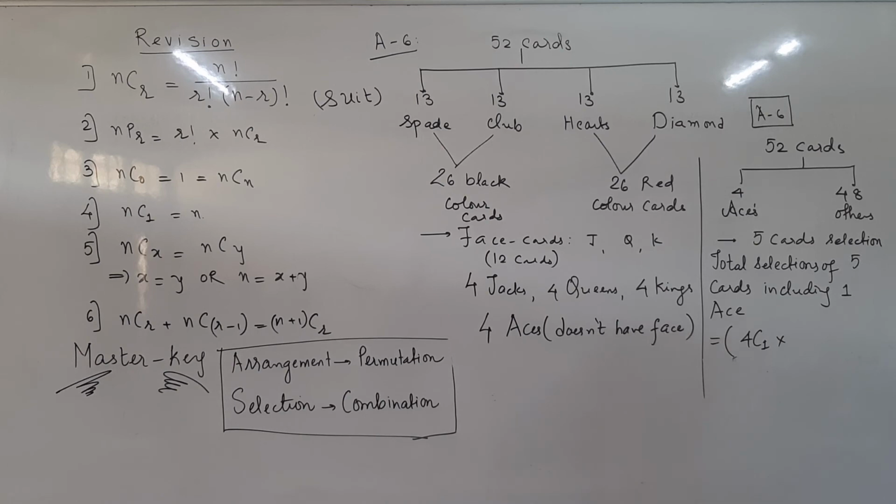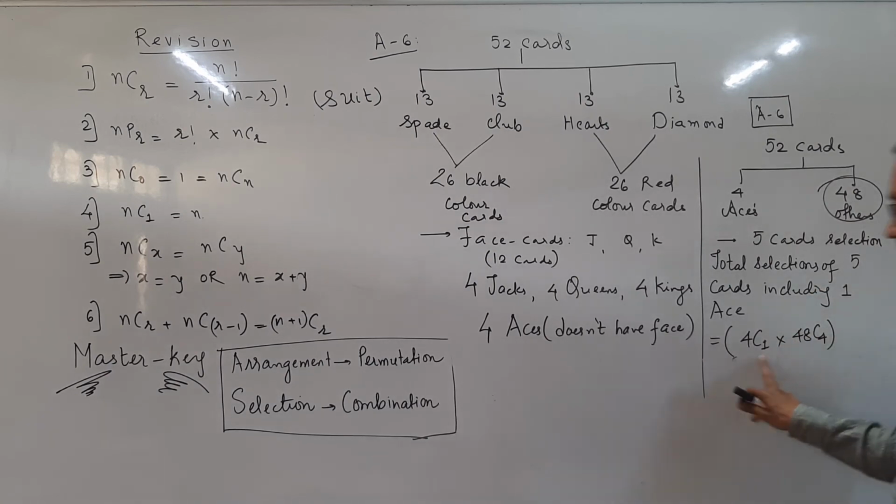So the selection of 1 ace out of 4 can be done, students, in how many ways? The answer is 4C1. The selection of 1 ace out of 4 can be done in 4C1 ways. Now remaining 4 can be any card from this 48. So other 4 can be selected in 48C4.